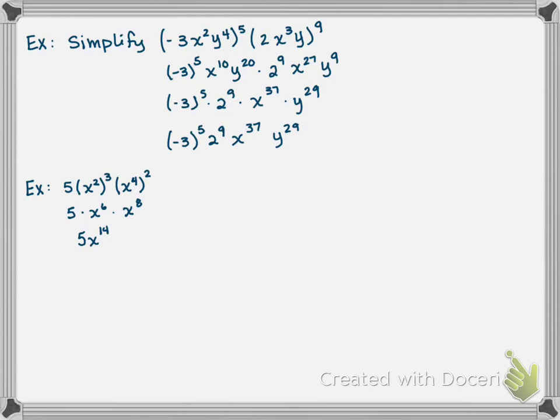So let's talk about dividing. The quotient rule deals with dividing exponential expressions that have the same base. So if you think of writing a whole bunch of a's on the top and a whole bunch of a's on the bottom and then canceling a bunch of them, we're reducing the number of factors when we cancel, right?